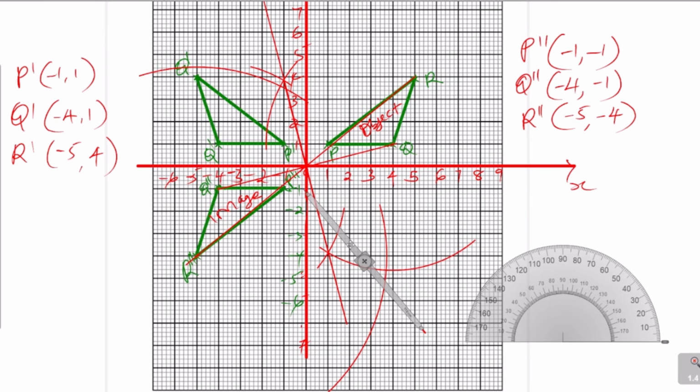Then with the same measurement, I go to R double prime, I cut that arc, and then I also cut the other arc. Check the points of intersection so you don't get confused. This point and this point here, you join those two points using a straight line.